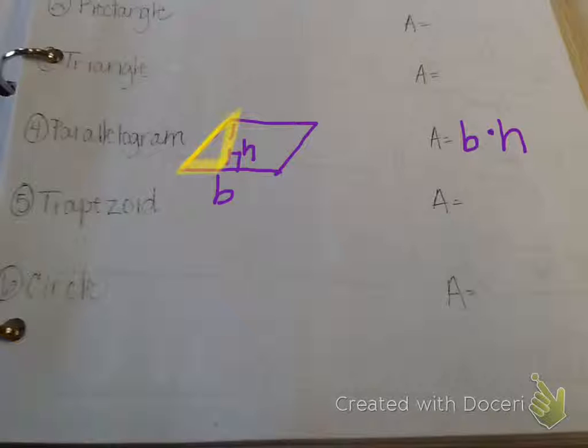If I were to cut that piece off and add it onto this side, it would be just a rectangle. So a parallelogram is just a pushed over rectangle, and we find the area the same way. Length times width or base times height would be the same thing.